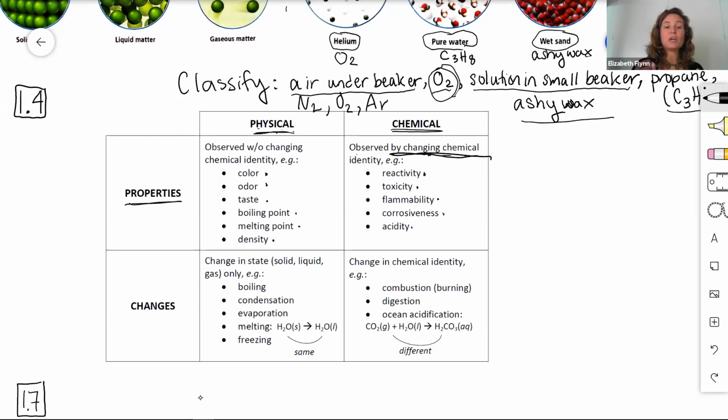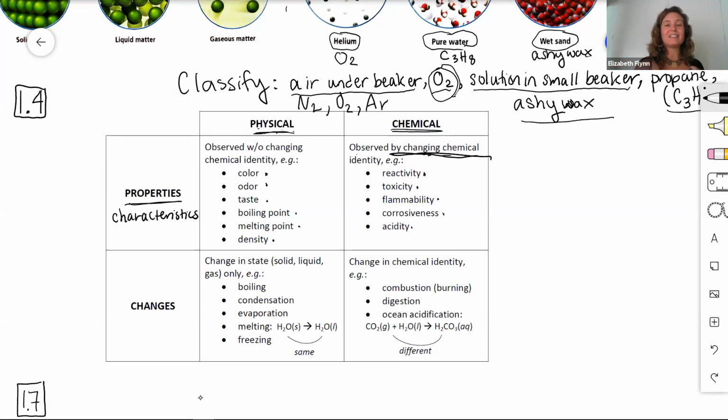Okay, so those are just properties. Those are characteristics of matter. We'll put that here, characteristics. Whereas matter can also undergo changes, and that's when we can start to classify those changes as either physical or chemical changes.